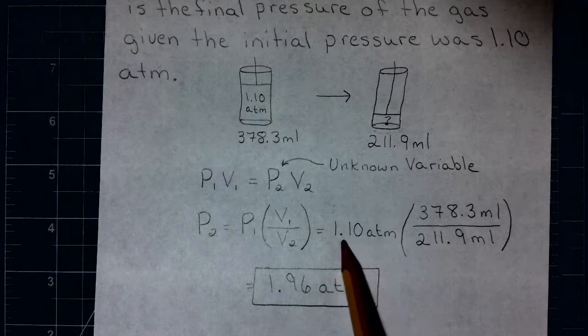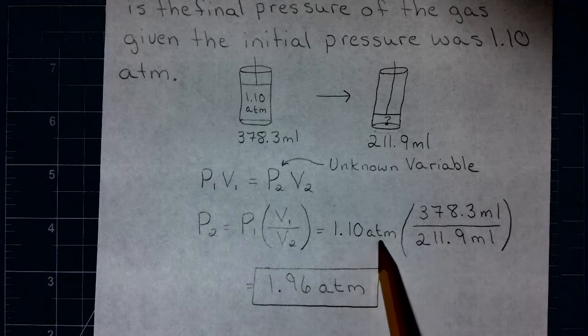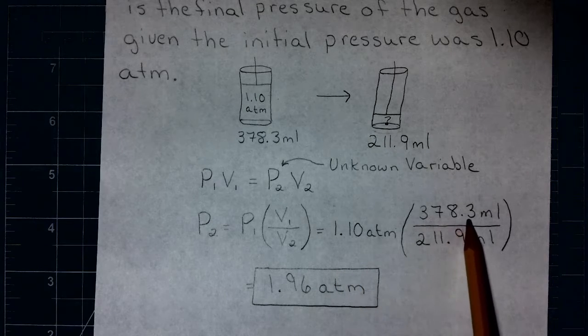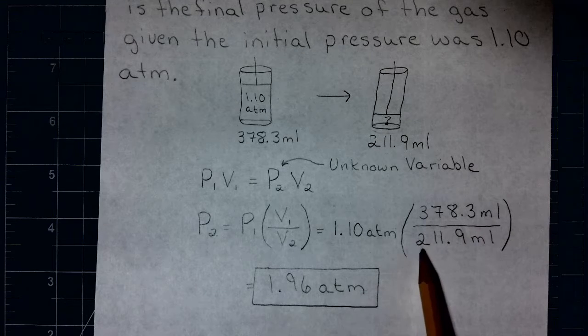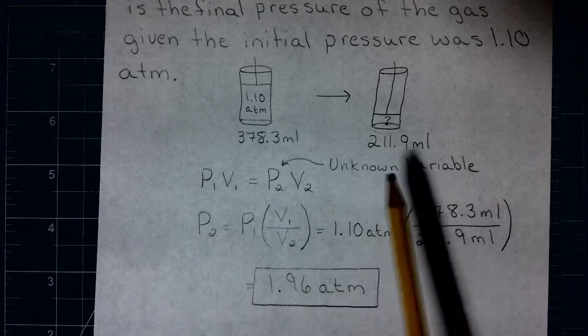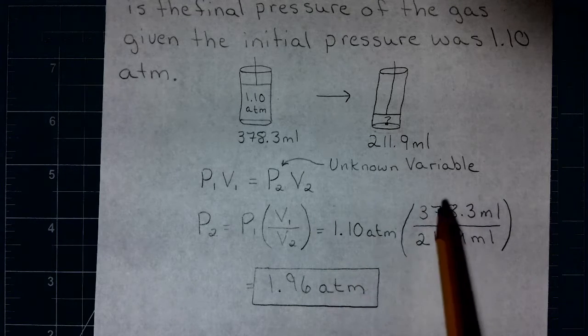Once we plug in our values, we get 1.10 atmospheres, and then we have 378.3 milliliters on top, and 211.9 milliliters on the bottom. A couple of important things here.